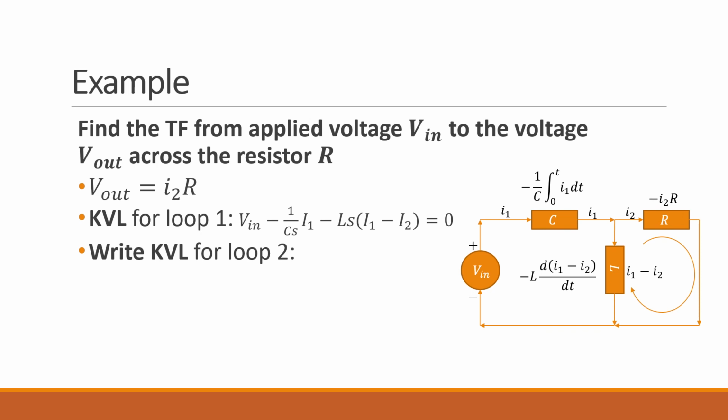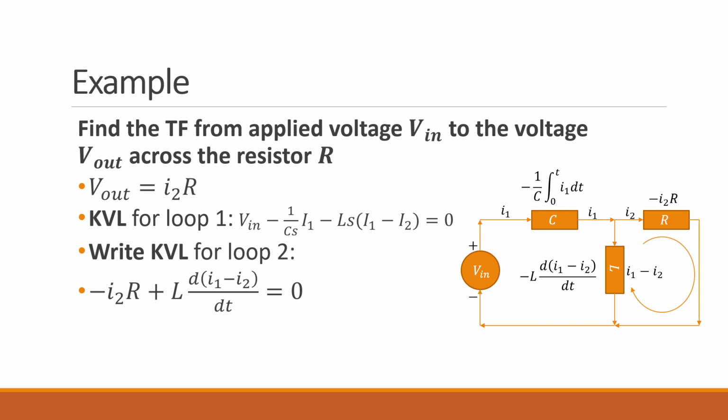And we know that the voltage decreases downwards as per the current we chose. Hence, the change in voltage is positive across the inductor as we move in the counterclockwise direction. This is how we get the KVL as minus I2R plus L times the derivative of I1 minus I2.